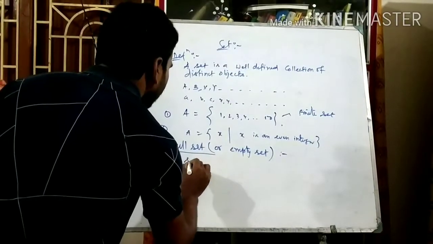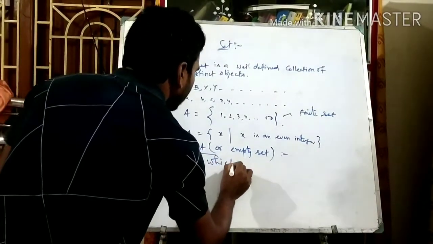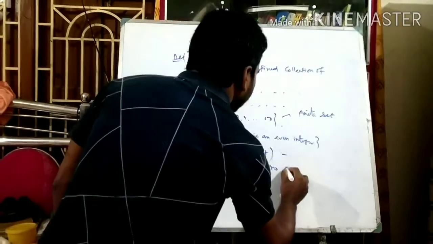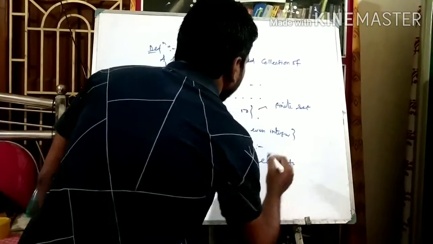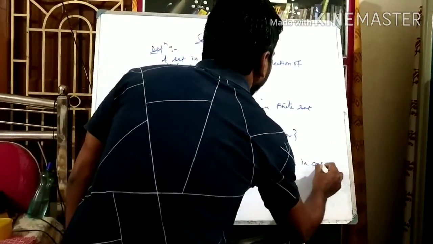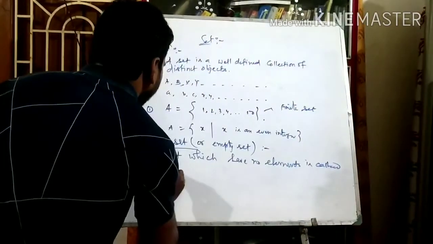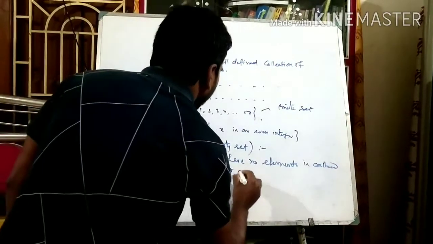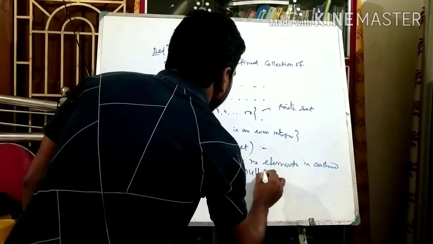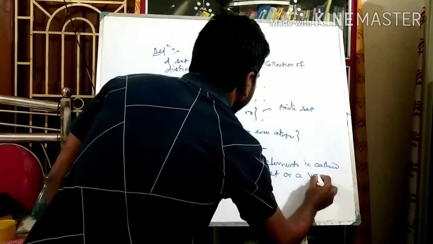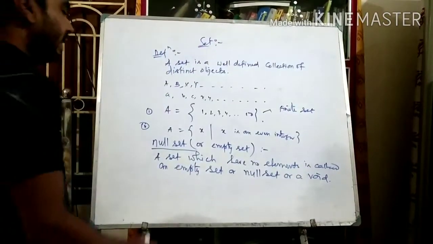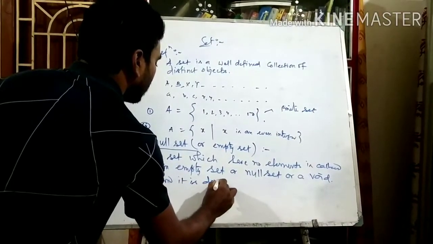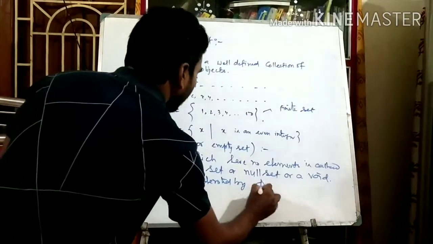A set which has no elements is called an empty set, or null set, or a void set, and it is denoted by the symbol phi.